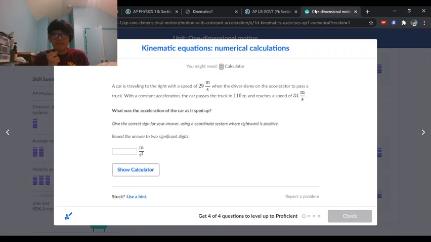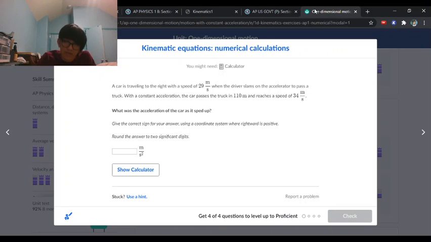So with all of that written down, what we want to do is see what we have at our disposal, what is given in the problem, right? So the car is traveling at a speed of 29 meters per second to the right. When the driver slams the accelerator, what that tells me is that before he slams the accelerator, his speed is 29 meters per second. Now, we're talking about velocity, so the velocity would be positive 29 meters per second, and that is the initial velocity.